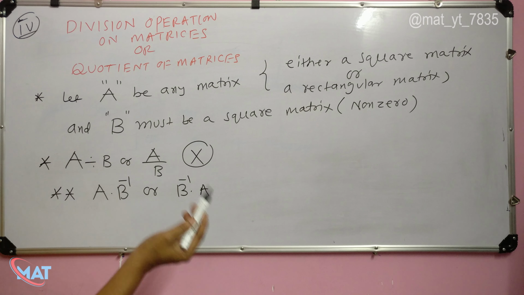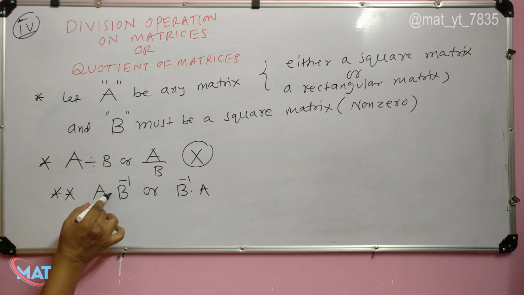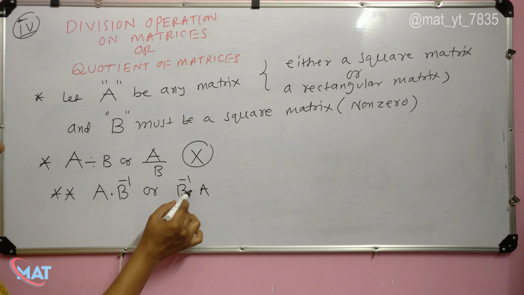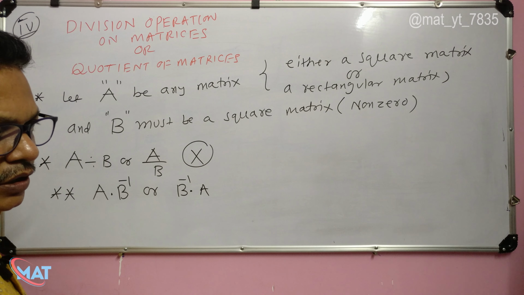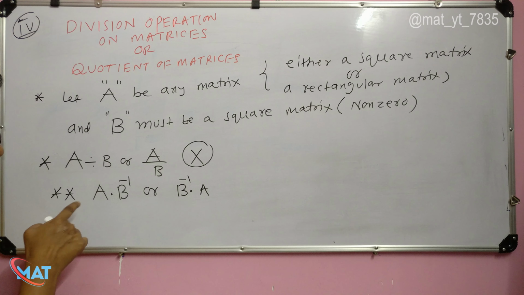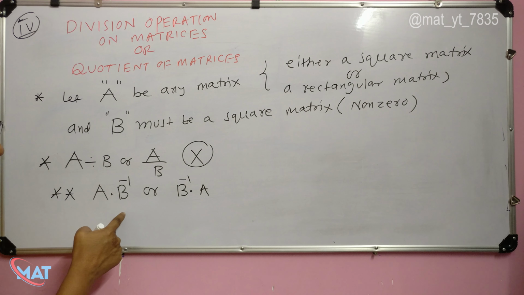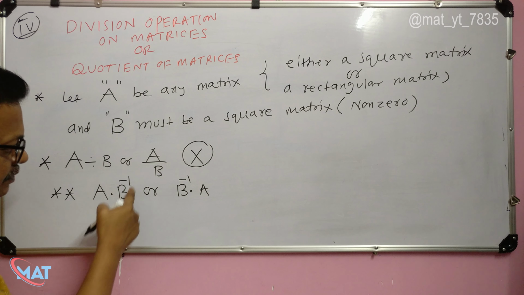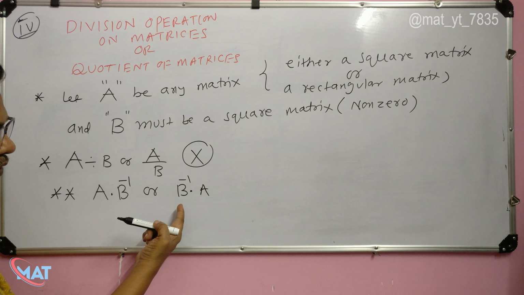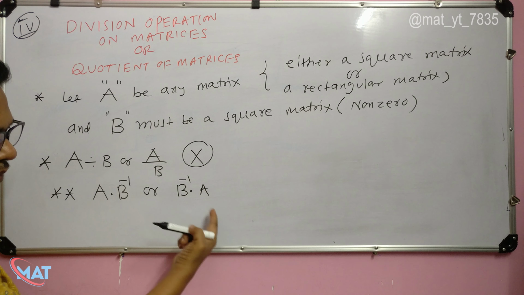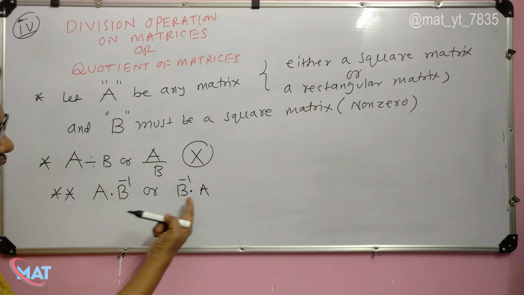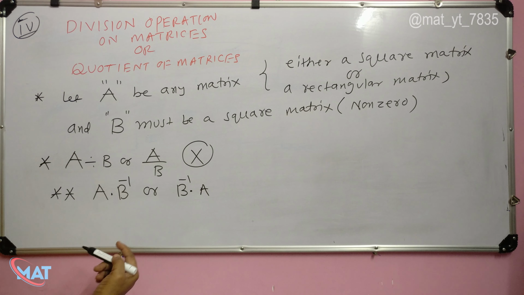Division is a part of multiplication. Here division, there dot, multiplication. You know how to multiply two matrices. The number of columns of the first matrix must be equal to the number of rows of the second matrix. The product rule was already explained in the previous video.